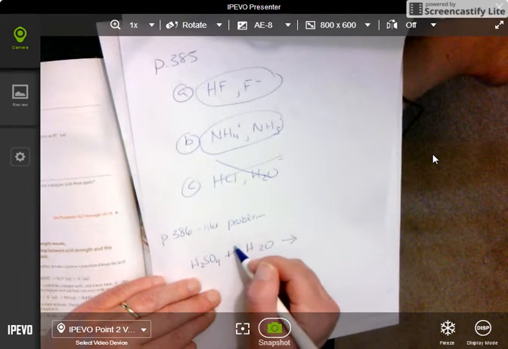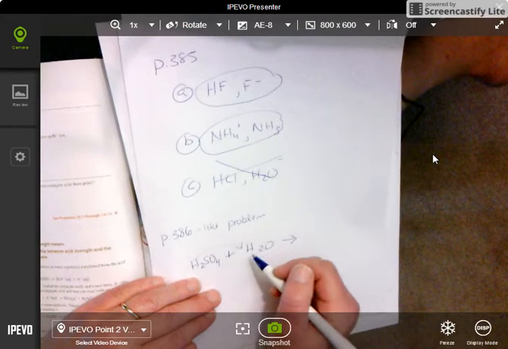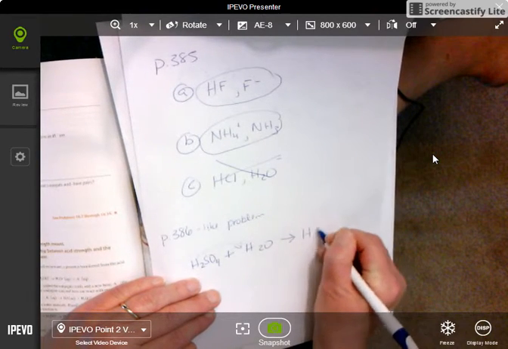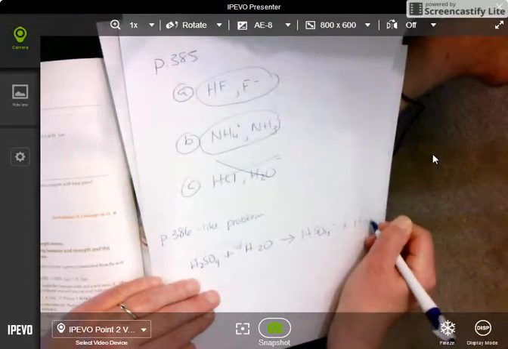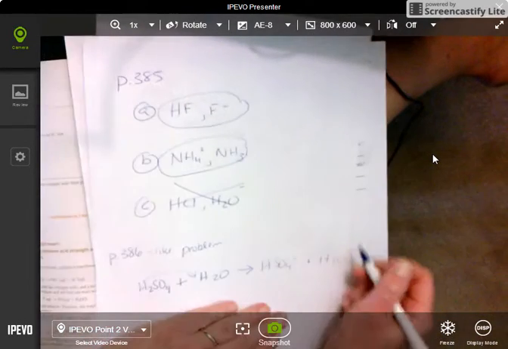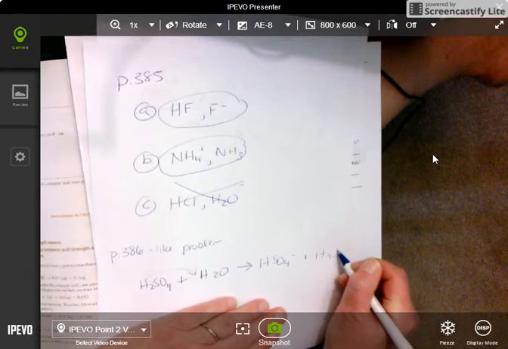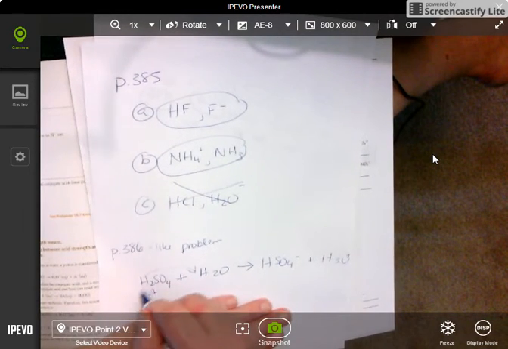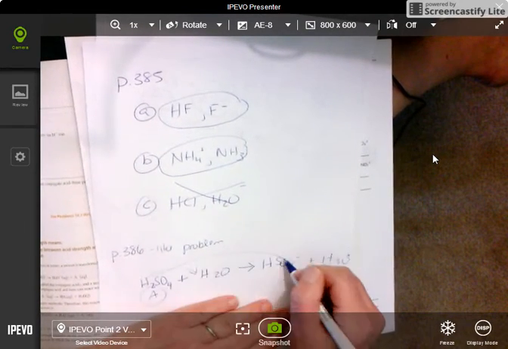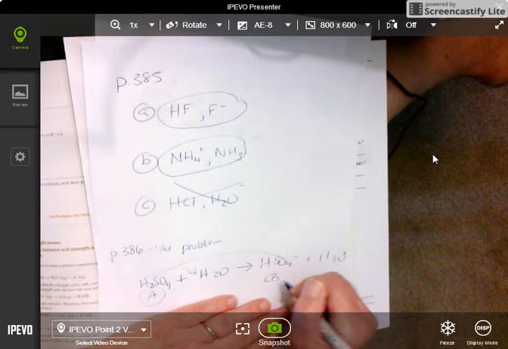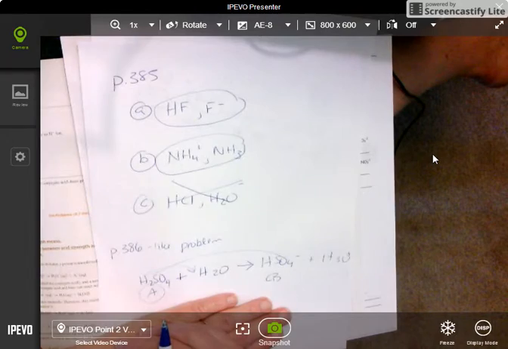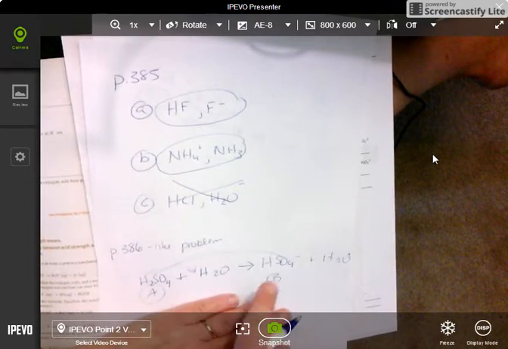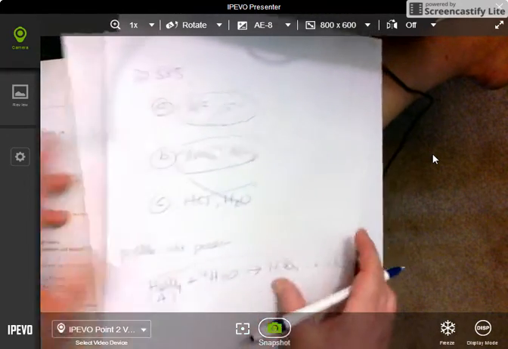Water, because it's amphoteric, is going to grab that extra H, and it becomes HSO4 minus plus H3O plus. So if this is your acid, this is the one that's related to it, this is your conjugate base. That was the conjugate base for that type of problem. There are a couple more problems like that at the top of 386, and that's about as hard as it gets.